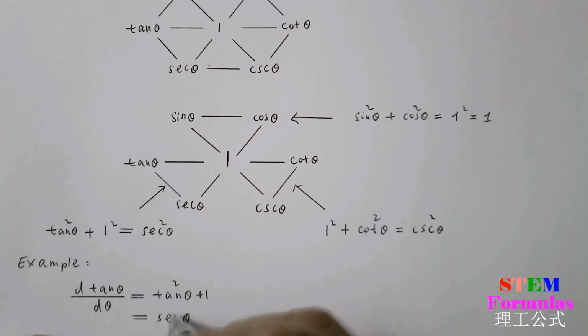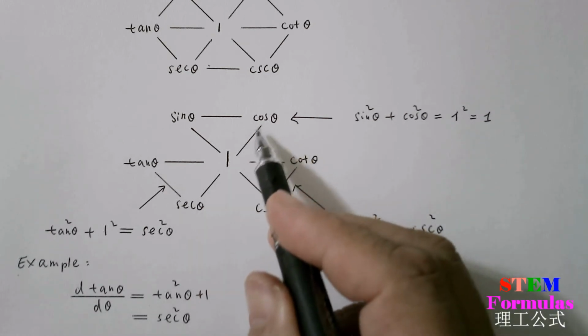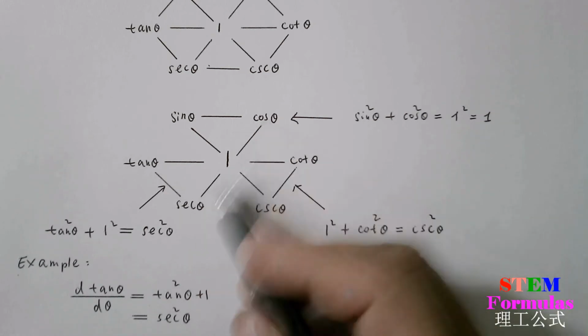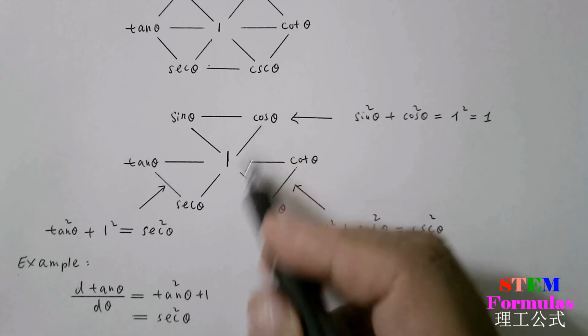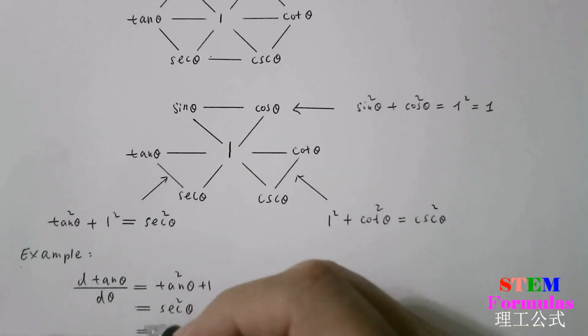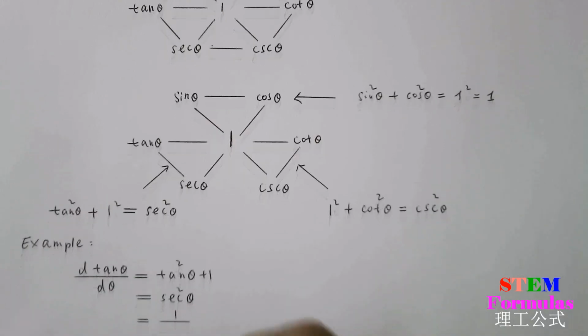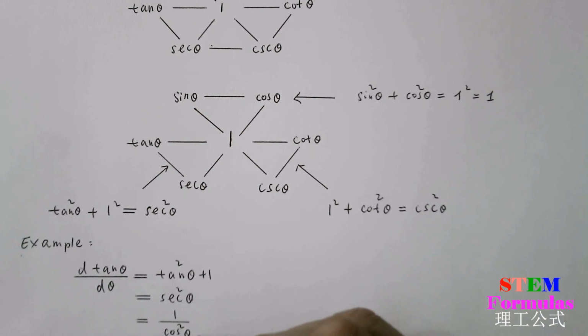Secant theta squared, and secant and cosine theta, they are inverse, so equal 1 over cosine theta squared.